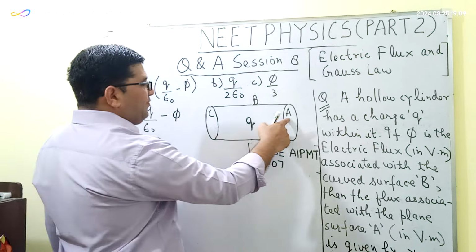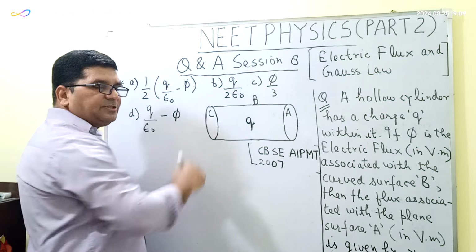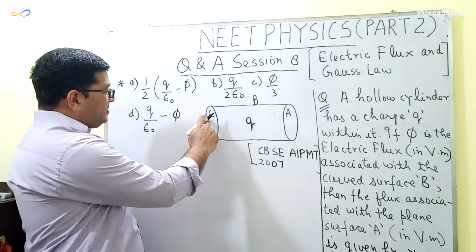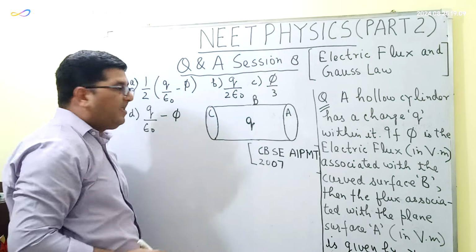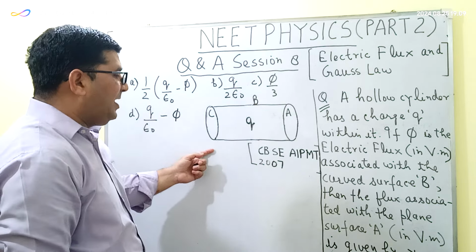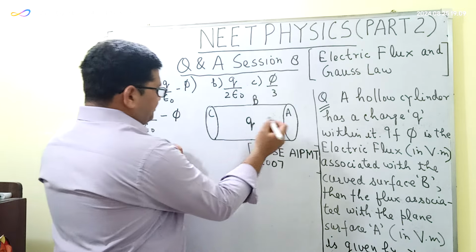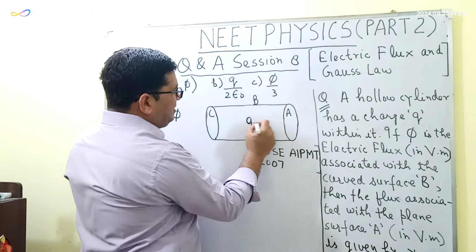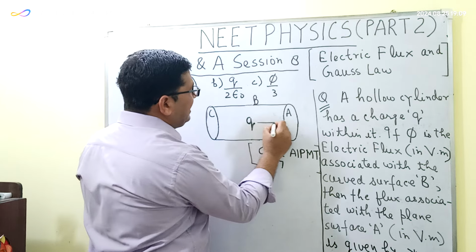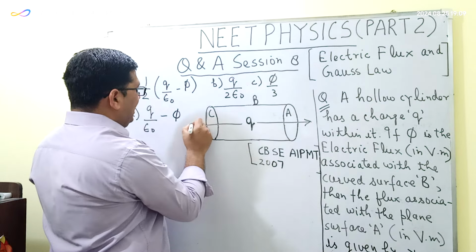This is the plane surface A in this figure, and this one is the plane surface C. In this question we have to find the total flux which is associated with the plane surface A. As we all know, for a positive charge, the electric field lines are always directed away from the charge like this.